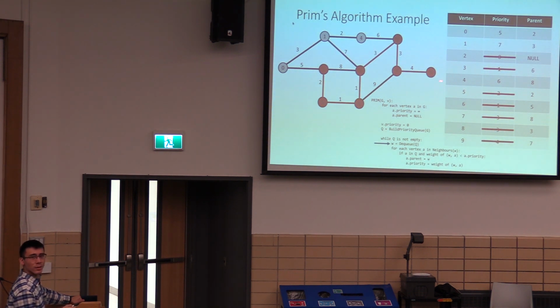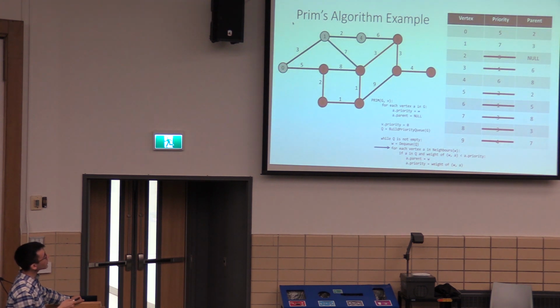Nothing changes because there are no neighbors of 9 that are still in the queue, because 7 was already taken out of the queue. So this does nothing. And the next priority after that is 5. I cross it off.